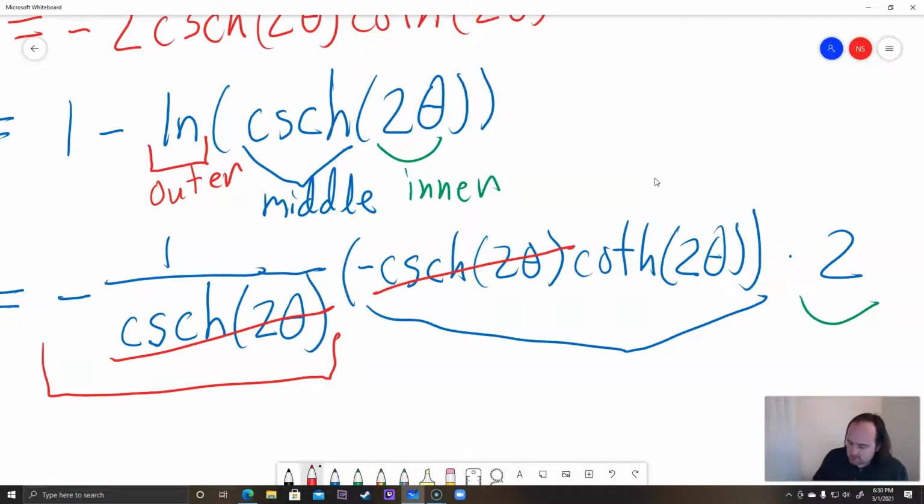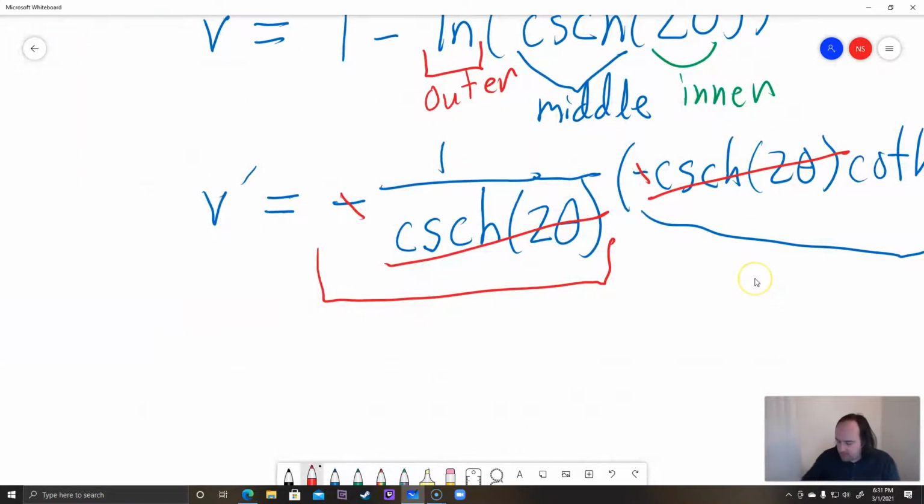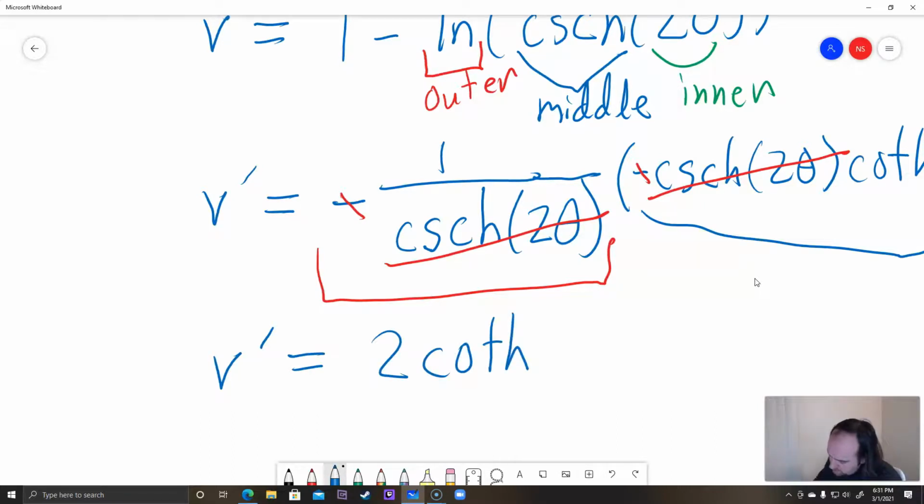And then the minuses are also going to cross out. So all we're going to be left with is 2 coth of 2 theta. So even though it was hard to calculate, fortunately some stuff crossed out, so it's not so long to write down. So we're just going to have 2 coth of 2 theta for v prime.